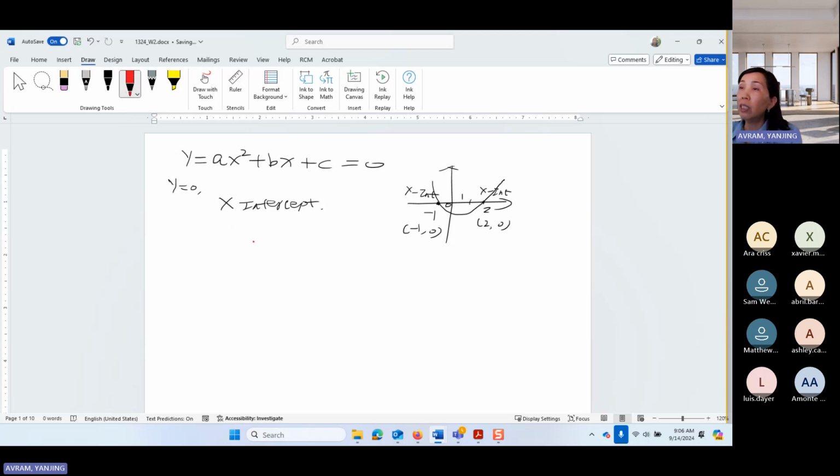And for the x-intercept, we have several ways to find it. We can make this whole thing equal to 0. One way is by factoring. If you can factor the quadratic equation, that's maybe not the easiest, but the fastest way to find the x-intercept. Another one is the formula. The formula is negative b plus or minus the square root of b squared minus 4ac, over 2a.